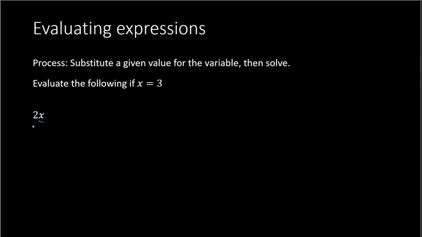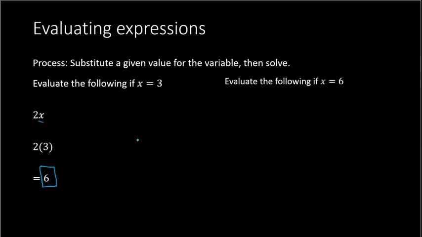This means 2 times x, right? The number in the front, the coefficient, means multiply. So we have 2 times 3, which would equal 6. So your solution would be 6.